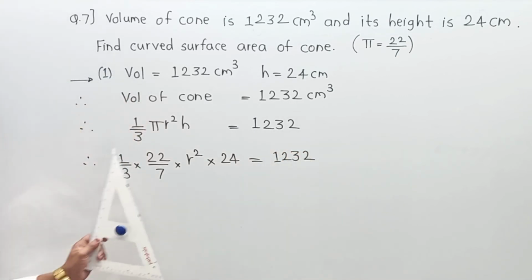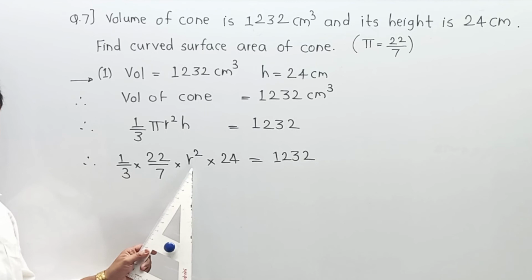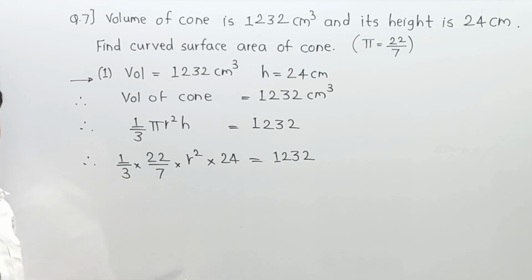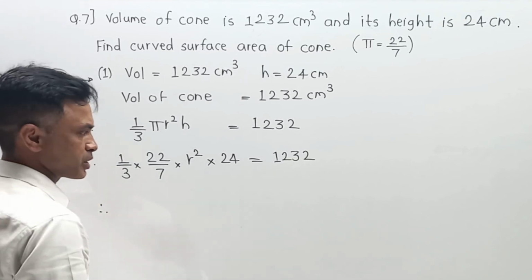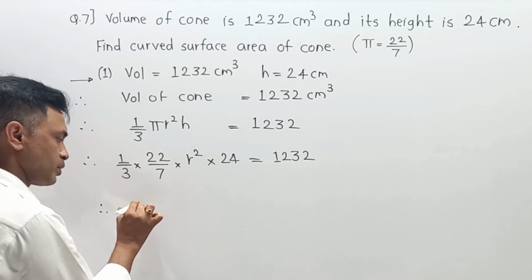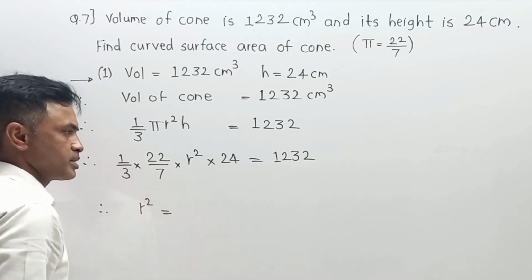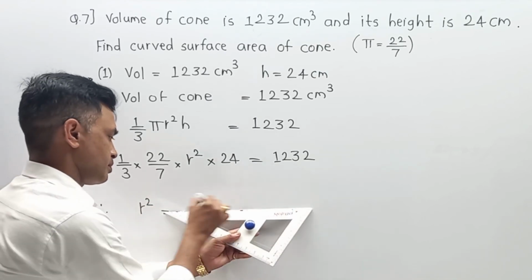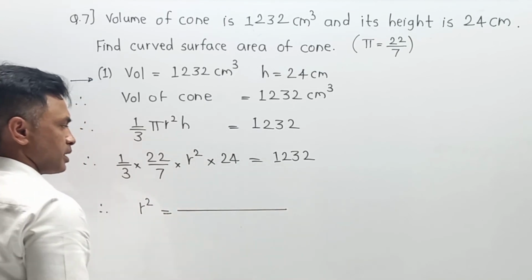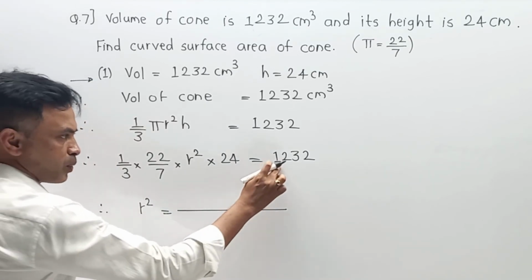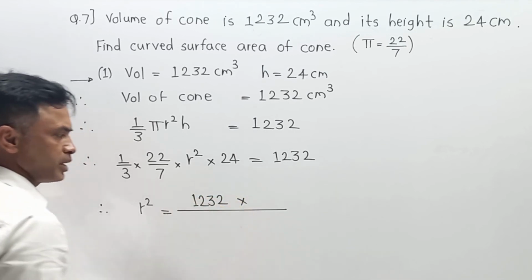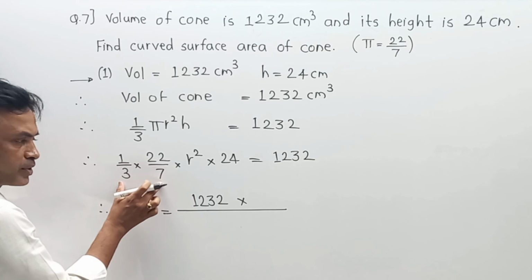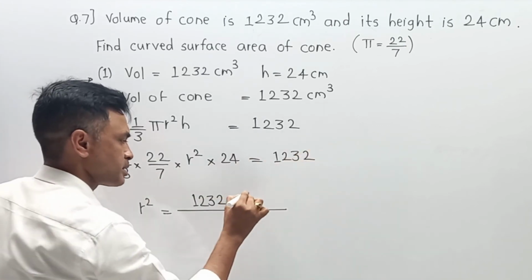This entire numerical is correlated with the formulation of first r square, then we will get r, and the calculation is the most important step over here. So one by one simplification. Now r square is equal to 1232 as usual into 3 into 7, because the division goes to that side as a multiply.